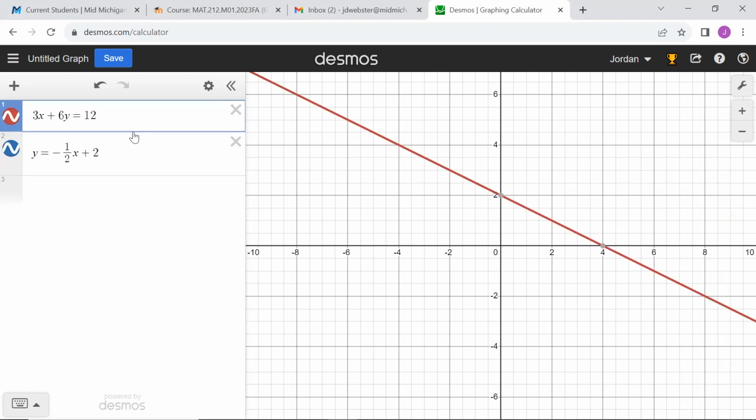As you can see, the red line and the blue line, those two lines are the same. So every point on this line is also a point on this line. And therefore, since there are infinitely many points on a line, there are infinitely many solutions to this system.